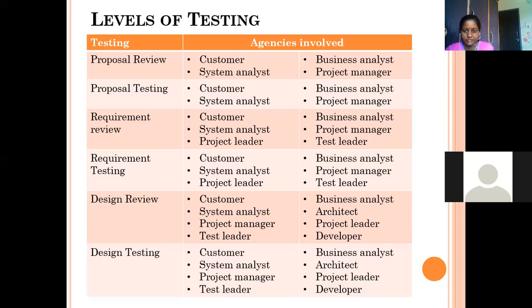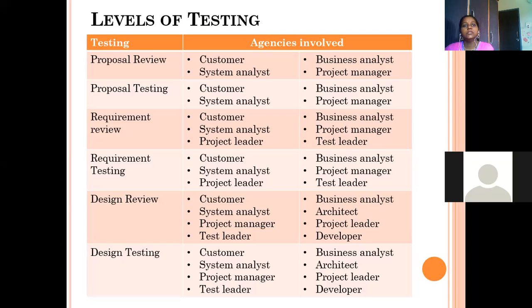What? The testing. So different agencies and stakeholders are involved in conducting the specialized testing required for the specific application. The definition of these stakeholders and agencies, depending on the type of testing involved and the levels of testing to be done at various stages, is listed in this particular table on the slide.